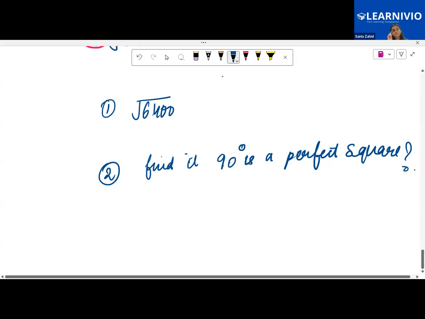And for the second one, can we use any method? No, you have to use the prime factorization method only.